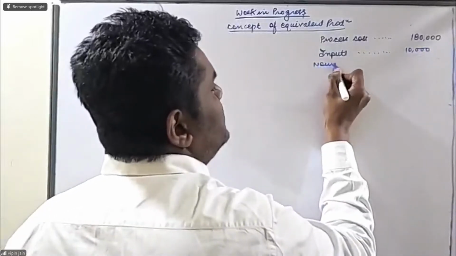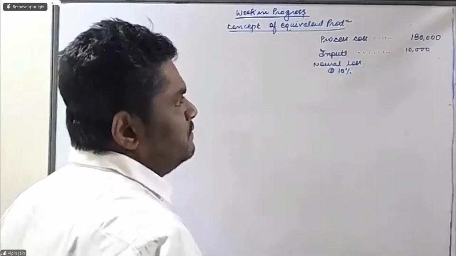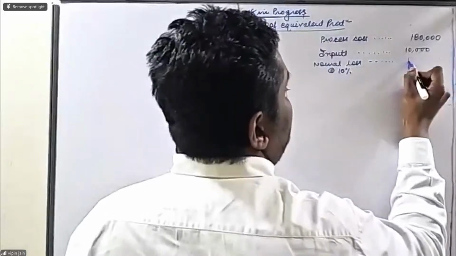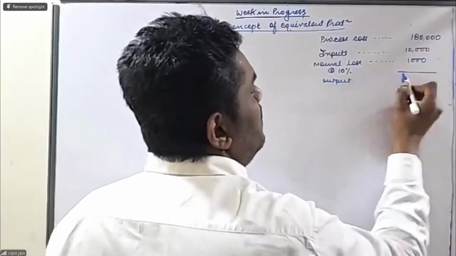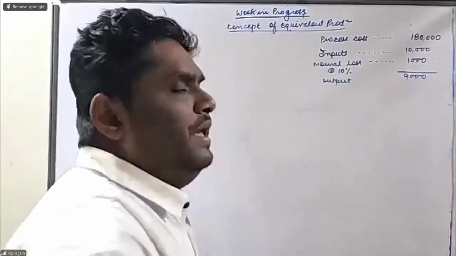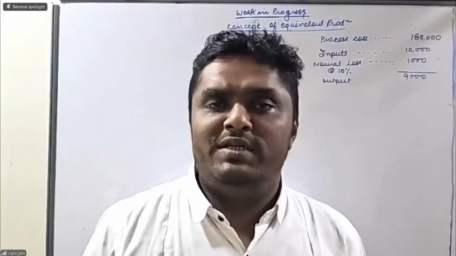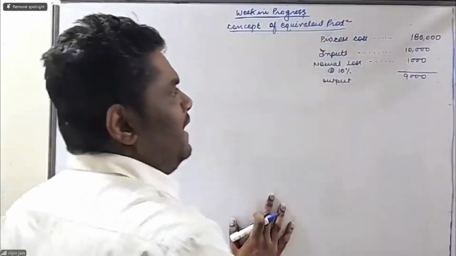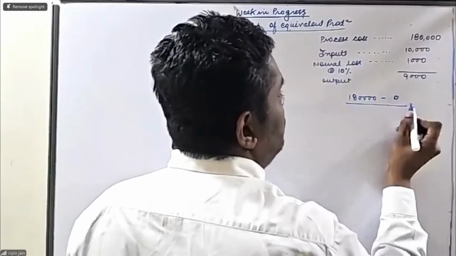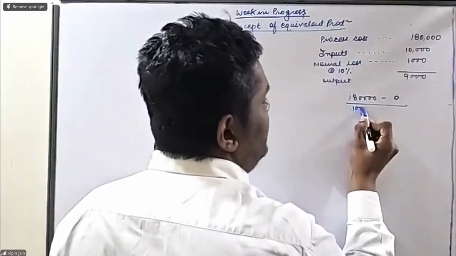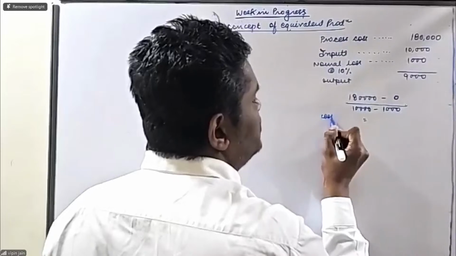Let's say normal loss is at the rate of 10% of input, so 1,000 units. So my output is, let's say, 9,000 units. Assuming there is no abnormal loss and abnormal gain, my expected output and actual output are the same. So here my process cost is 1,80,000. Assuming no scrap value, the estimated production is 10,000 minus 1,000, that is 9,000. So my cost per unit will be how much?